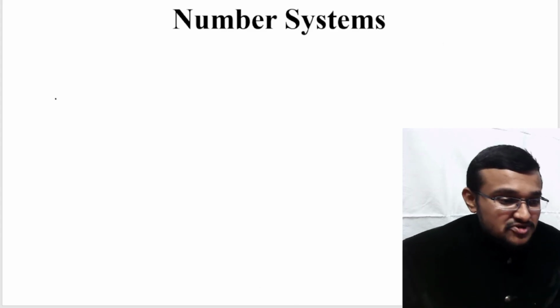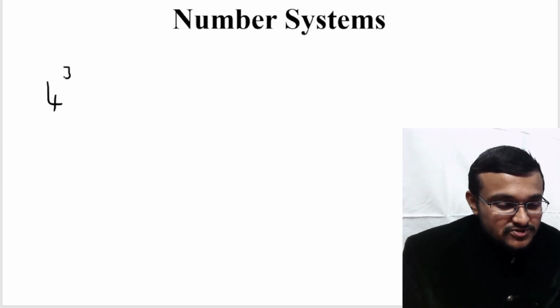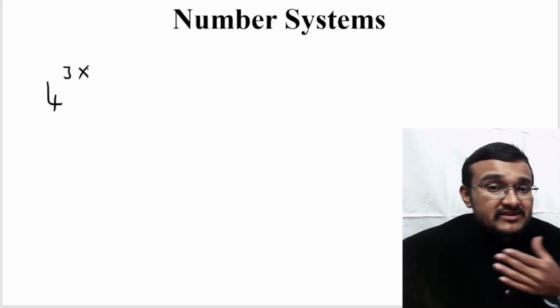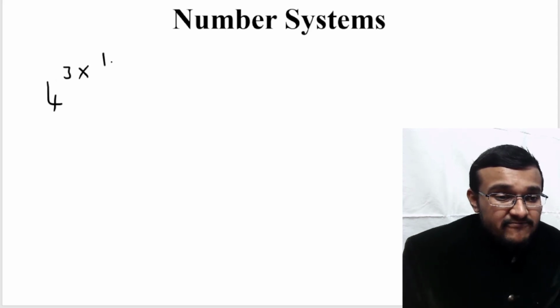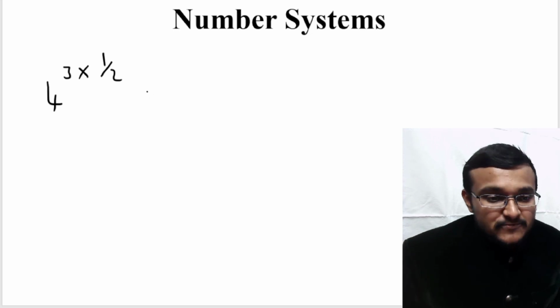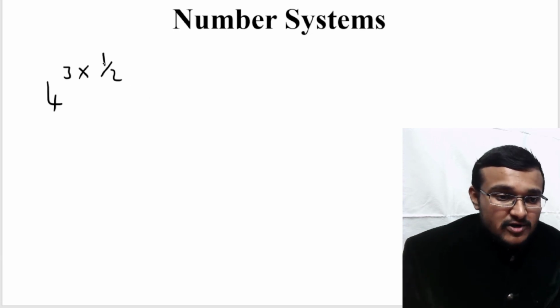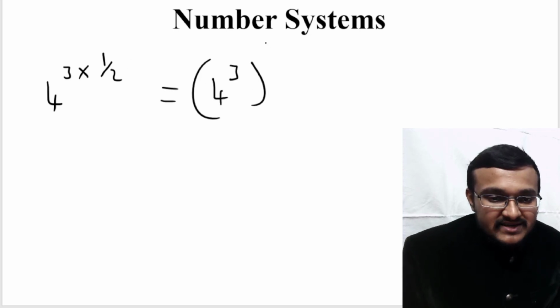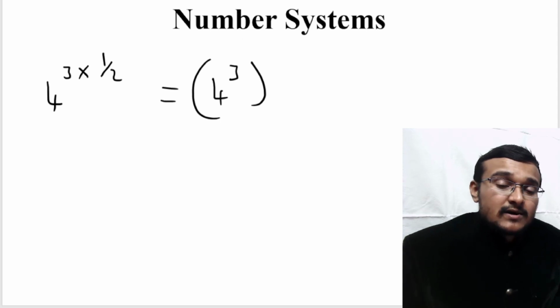Now the same question you can solve in the other way also. Here I had 4 power 3 by 2, which I am writing as 4 power 3 into 1 by 2. Previously when I solved this problem, I took 1 by 2 inside and I took 3 outside the bracket. Now I'll take 3 inside the bracket, so that is 4 power 3, and outside the bracket I'll write power 1 by 2.